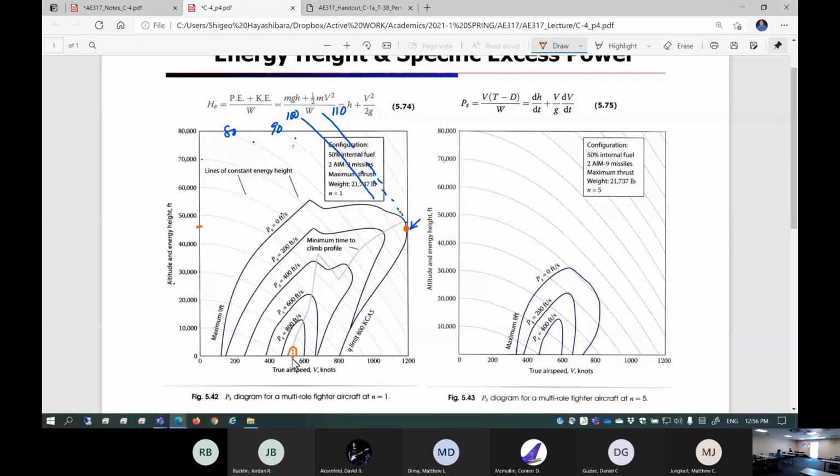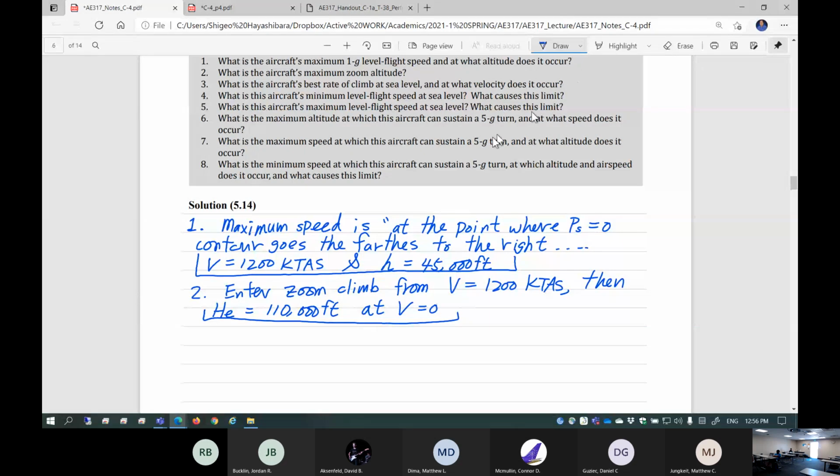And then we can never get the maximum rate of climb. However, it is at least more than 800 feet per second, because this is the 800 feet per second specific energy contour. So which is more than that? Well, we can only guess. There's no number associated.